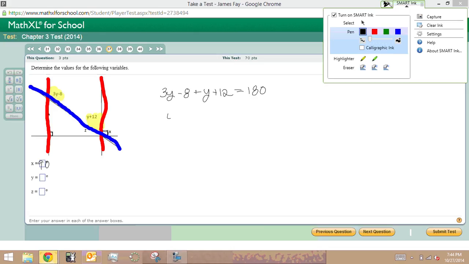That's going to give me 4y, and negative 8 plus 12 would be a positive 4, equals 180. Subtract 4 from both sides, so we get 4y equals 176. Divide by 4, and that's going to give me 44. So y is 44 degrees.